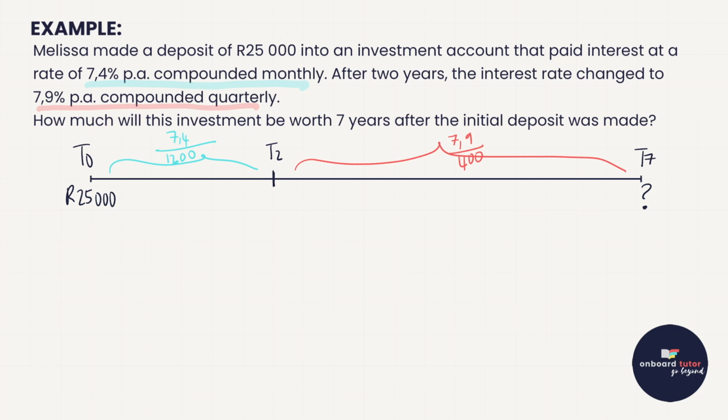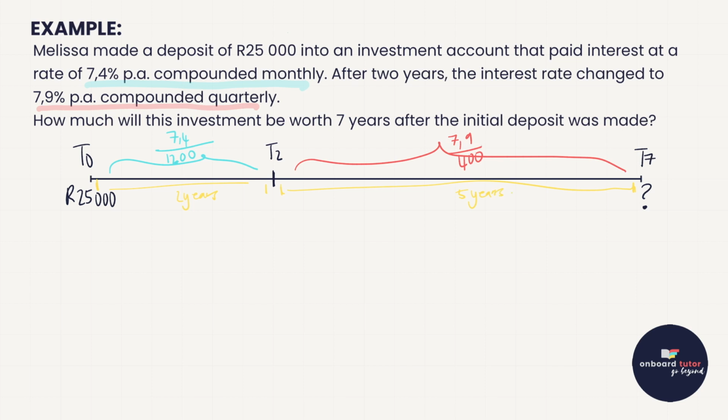And so what I've already alluded to is we just need to work out the number of time periods. So from T0 to T2, that's 2 years. And from T2 all the way to T7, that's 5 years. And with that information, we are able to work this out.